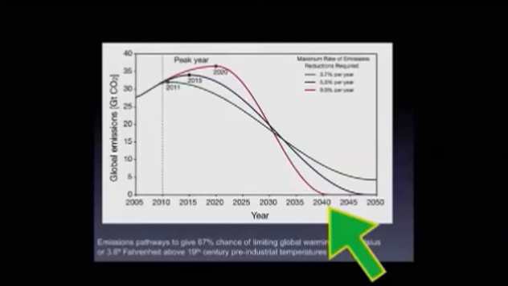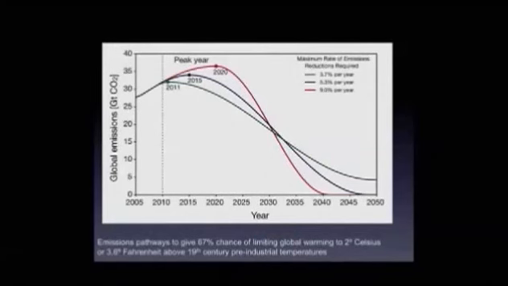reaching zero by 2040. And what these three curves have in common is that the area under them is about the same. And it's the area under them that represents the total cumulative emissions of carbon dioxide during this period. And because carbon dioxide lasts in the atmosphere a long time, it's proportional to the total amount of CO2 in the atmosphere. And the amount of carbon dioxide in the atmosphere is what matters to the climate. Climate just reacts to how many of what kinds of heat-trapping gases are there.